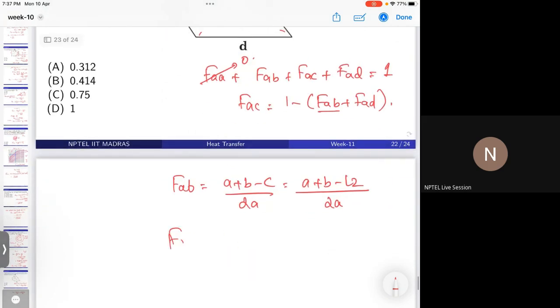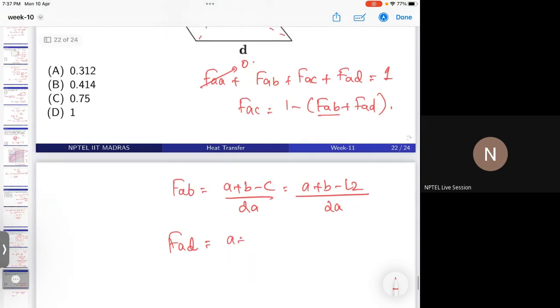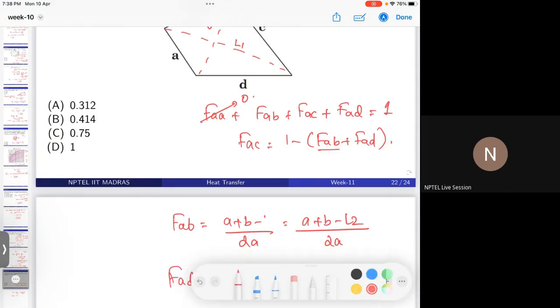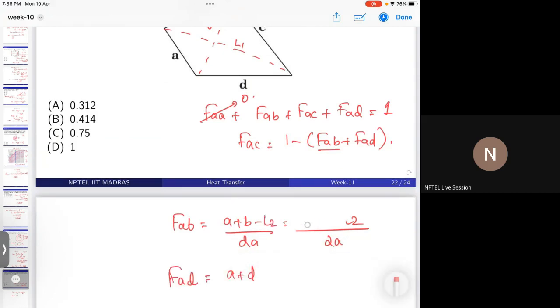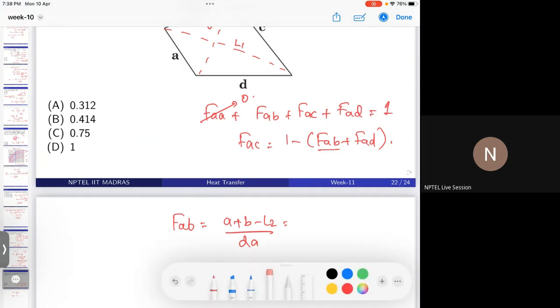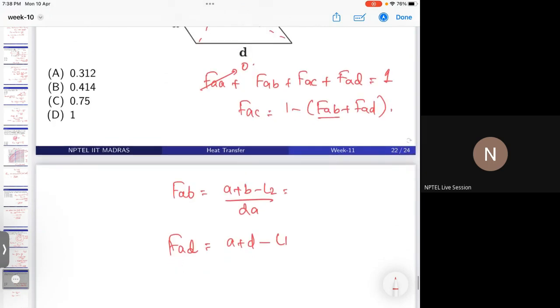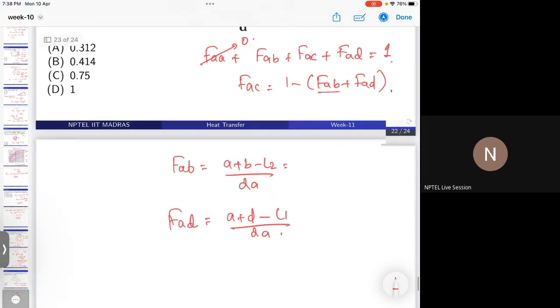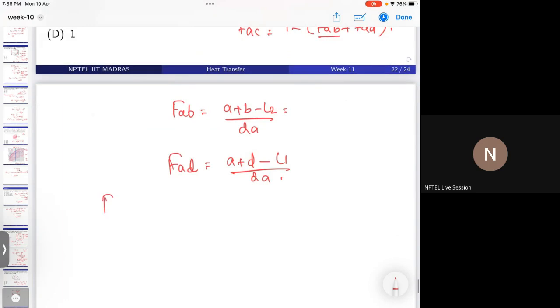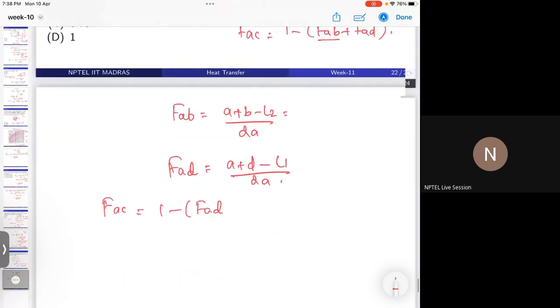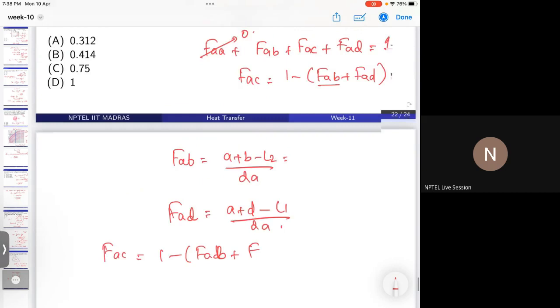What is FAD? A plus D minus the third side, which is L1, by 2A. Just substitute this here. FAC is equal to 1 minus FAB plus FAD.